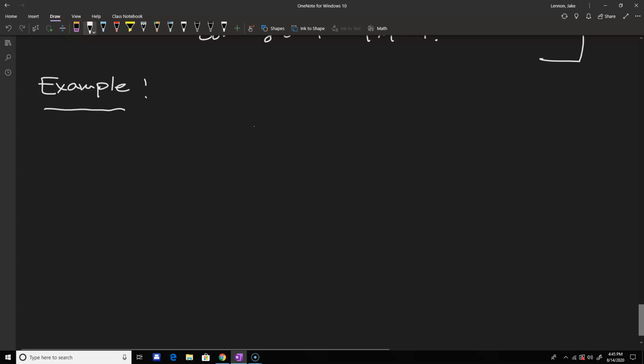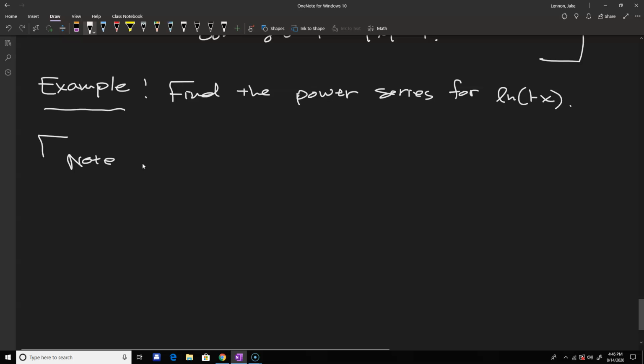So find the power series for the natural log of 1 minus x. And as you can tell, note that if you would do the antiderivative of 1 over 1 minus x, this would exactly be, not far off, but it would be negative natural log of the absolute value of 1 minus x.